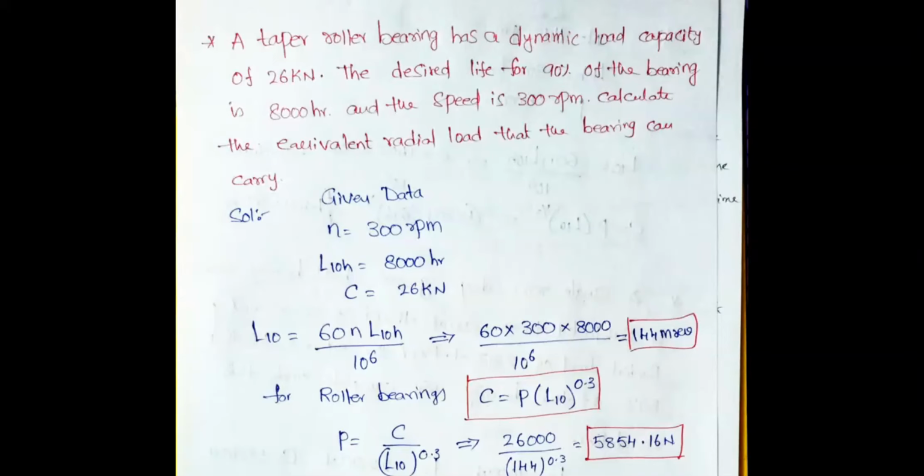All these relations are available in your data book also, right? Simply copy paste your relations, then you will get the answer. Those who have data books, simply refer to your data book.